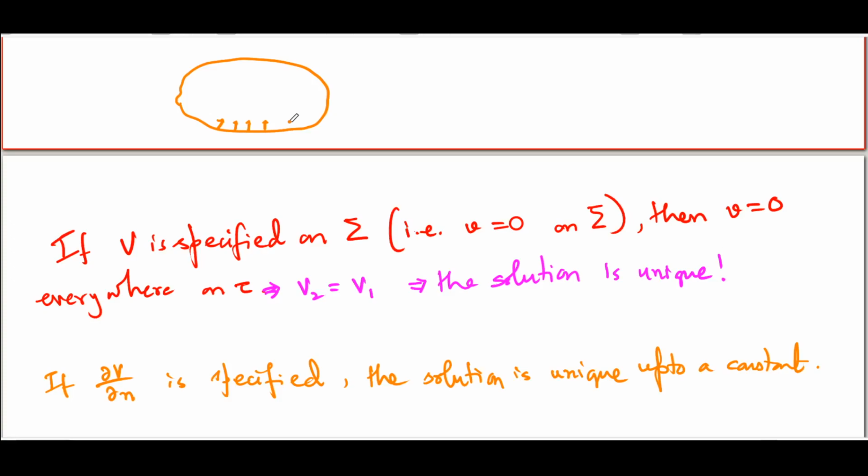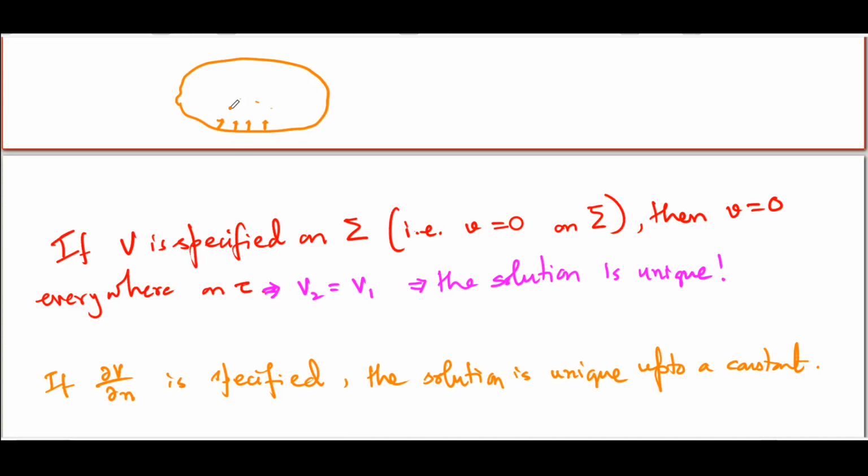Now, the Poisson equation being a second order differential equation, it might seem that in order to figure out all possible derivatives so that you can move in from the boundary and figure out the values inside, you would need both V and the first order derivatives. As I said, the surface derivatives are already given when you give V. But in addition to that, it might seem that you should also give del V del N. And then that will give you a solution inside.